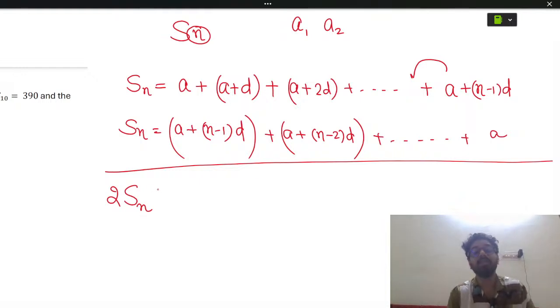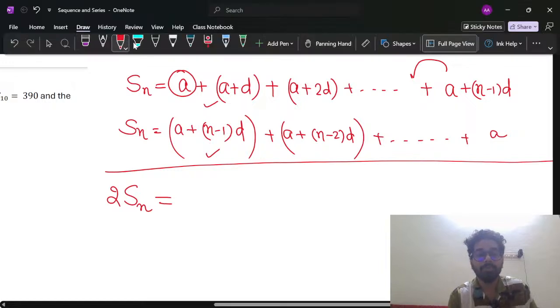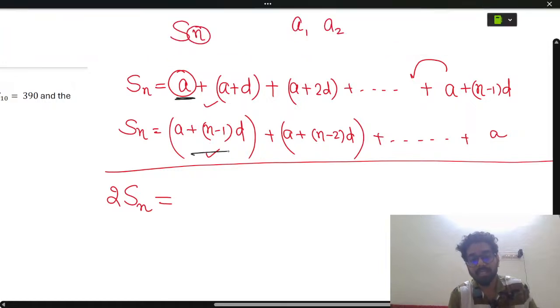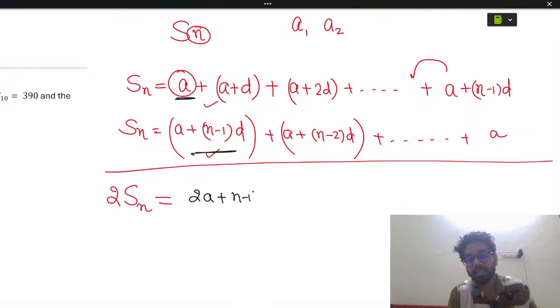Sn represents the sum of n terms of whatever sequence; in this case, it is the sum of an arithmetic progression. Now when you add these two, each pair will be 2a plus (n minus 1)d.